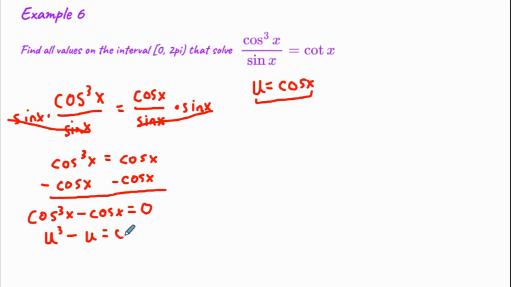Now it's starting to look a little more like polynomials that we're more used to dealing with. So using factoring, I see I can factor out a u. So I'm left with u times u squared minus 1.